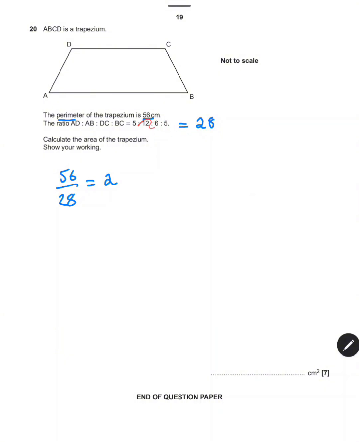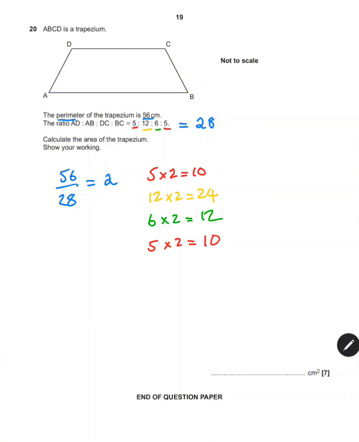So each part of this ratio is worth 2. So to find out the side lengths, I'm going to do 5 times 2, which is 10. 12 times 2 is 24. 6 times 2 is 12. And then we've got another 5 times 2, which is 10.